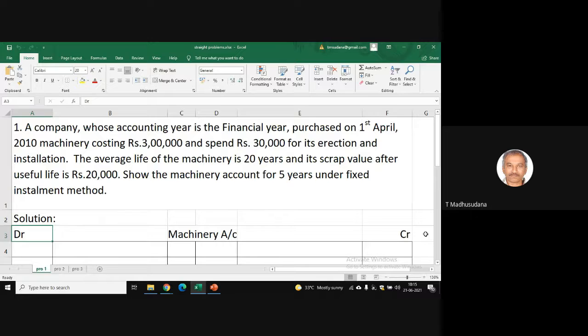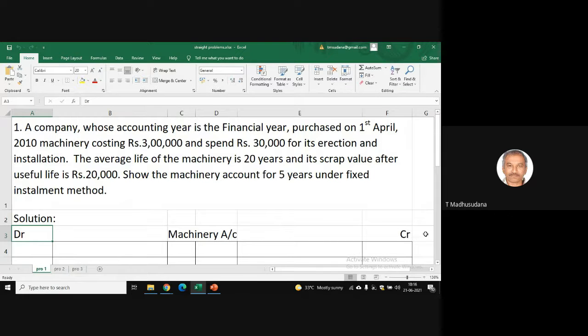Next, the average life of the machinery is 20 years, and its scrap value after useful life is 20,000.